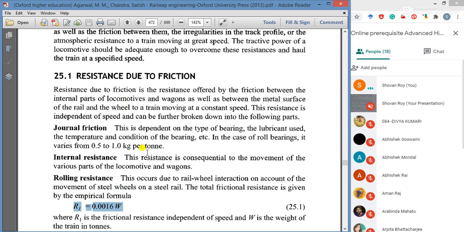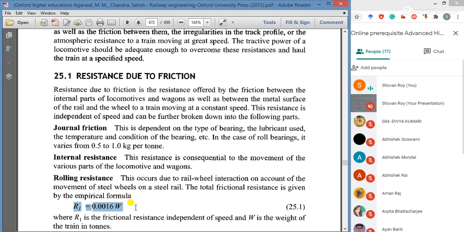When we are concerned about resistance, this is the first resistance which will come during calculation, that is rolling resistance, defined as R1 equals 0.0016 W.